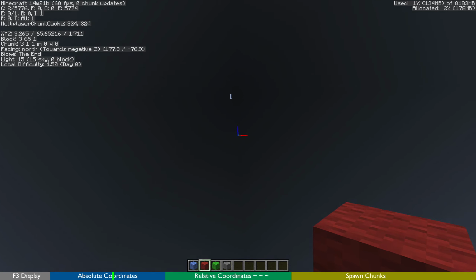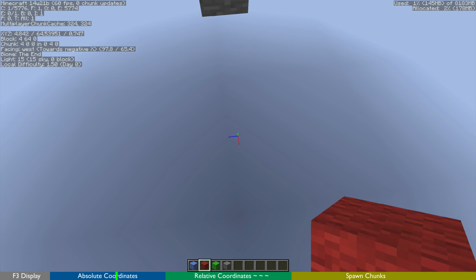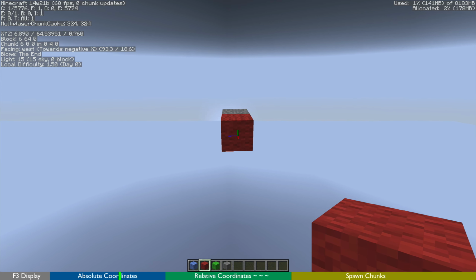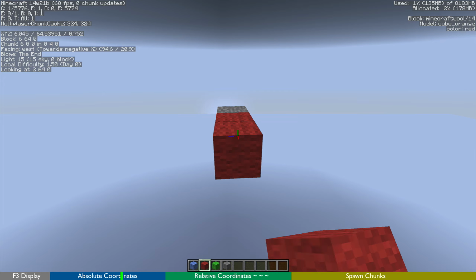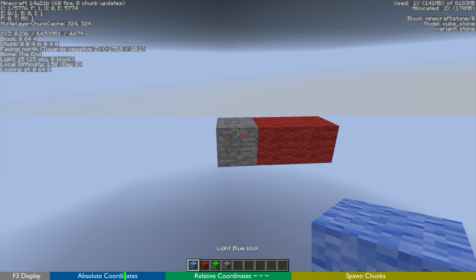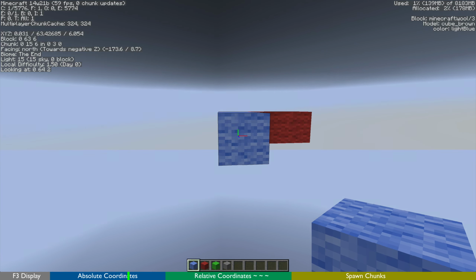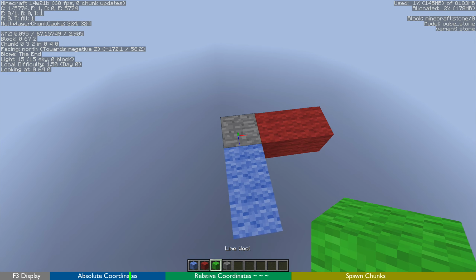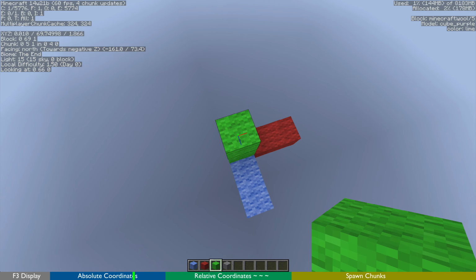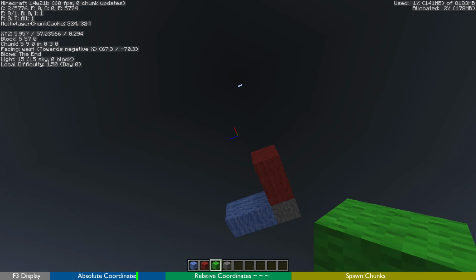If I'm now building, you'll see that I'm building along the line. So I'm building in the positive x, but I'm actually looking towards the negative. Now I am building along the positive z, but I'm looking at the negative z. And now I'm building in the positive y, but I'm looking at the negative y. I hope that makes sense. It just kind of places you in the world view.